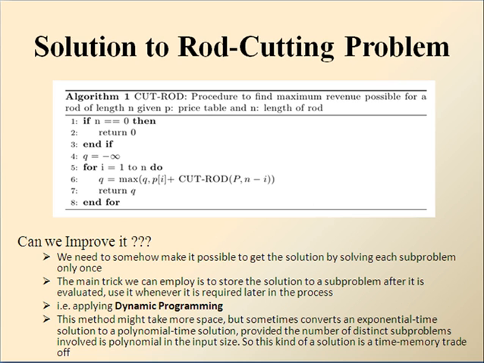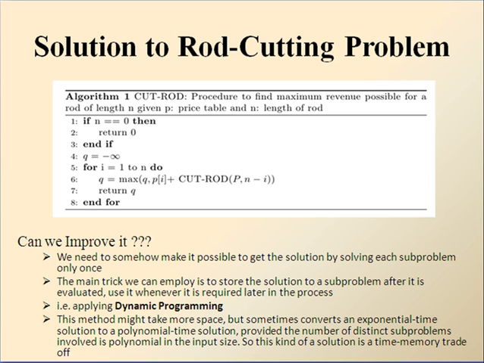So can we improve it? We need to somehow make it possible to get the solution by solving each subproblem only once. The main trick we can employ is to store the solution to a subproblem after it is evaluated, and use it whenever it is required later in the process. And this we do by applying dynamic programming.